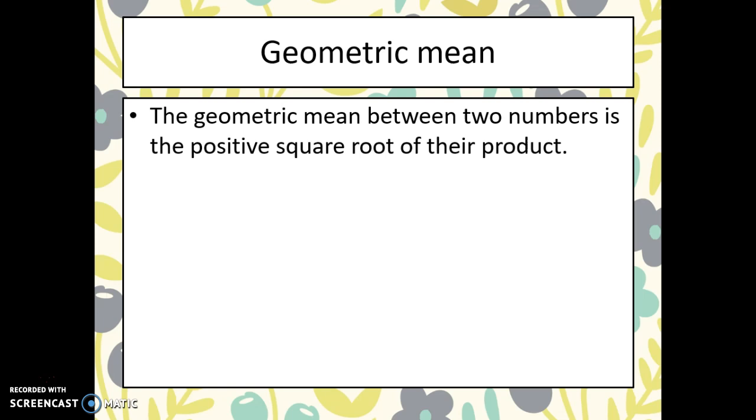Now, we're going to be using this with geometric mean, because the geometric mean between two numbers is the positive square root of their product. So when I multiply two numbers and I take the square root, we're not always going to get a perfect square, so we may have to be simplifying our radicals.